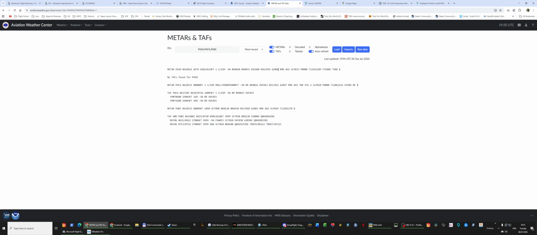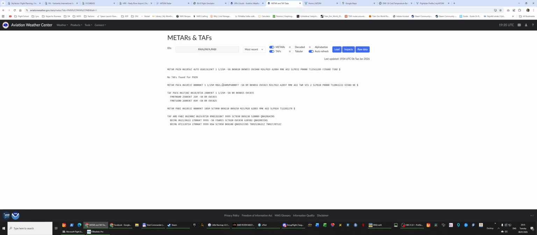For Fairbanks, we have some strong moderate wind. For Fairbanks, we have very similar visibility. This is like for runway 02 left. I don't know exactly. It's like between 4,500 and 6,000 feet, depending on the location.